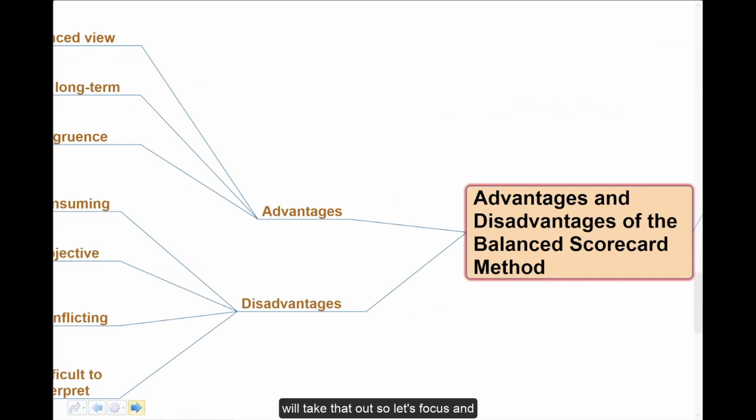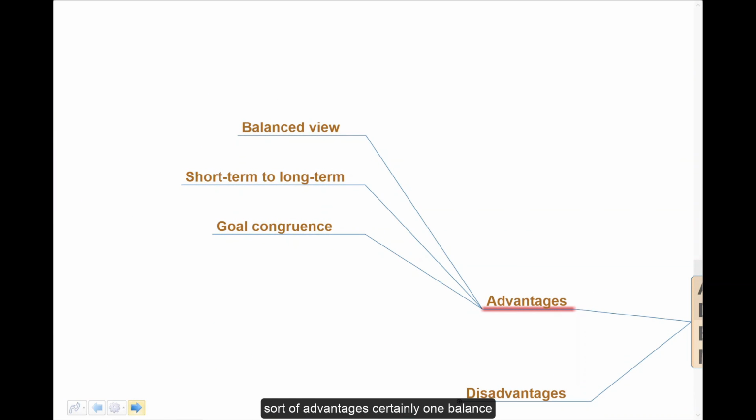So let's focus and conclude on the upsides and downsides. Okay, so we've said, and I've tried to really sell the balanced scorecard to you as a very good way to look at performance measurement. What would you say are the advantages? Certainly, one, balanced view. Another, three areas. Outside of that, short term to long term.